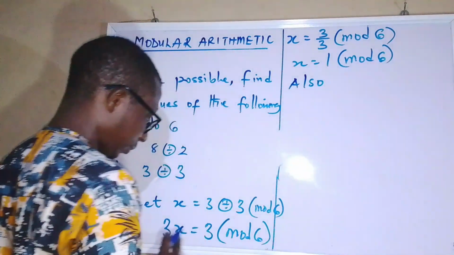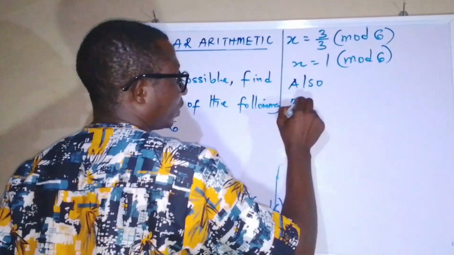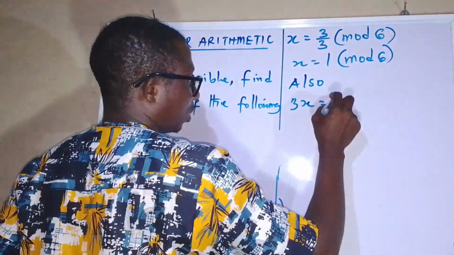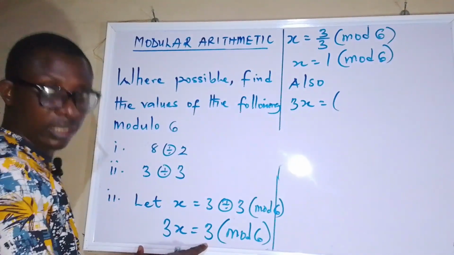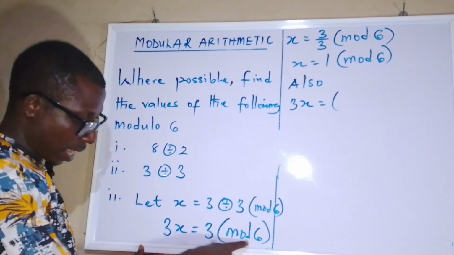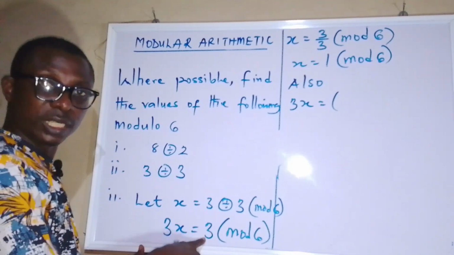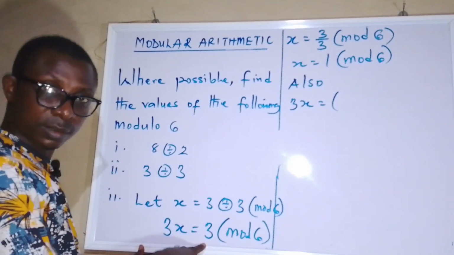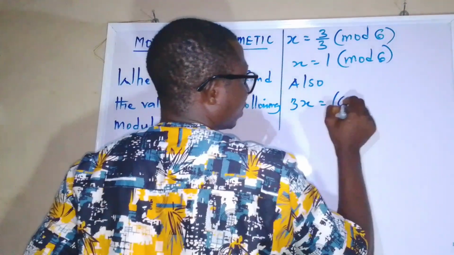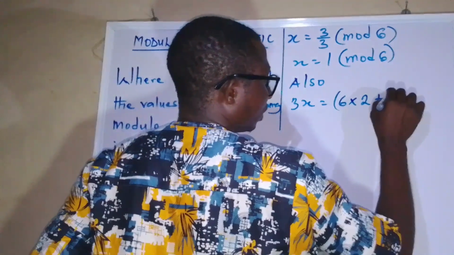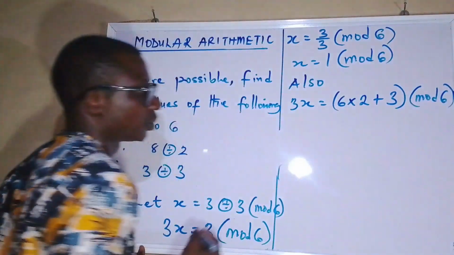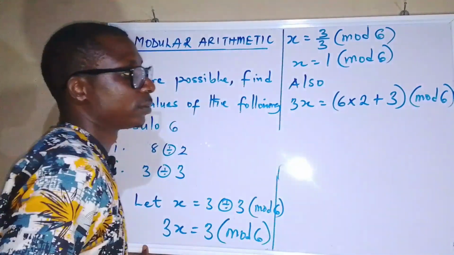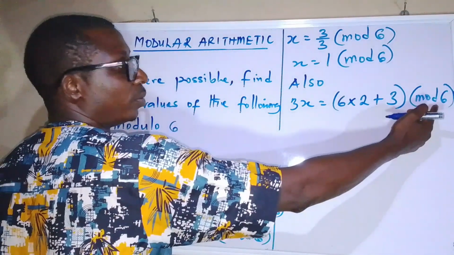So we have 3x equals, we are adding two 6s to this. Adding multiples of 6 to this 3 does not change the fact that it's still 3. So it's going to be 6 times 2 plus 3 mod 6. What we have here is still 3. We are just adding multiples of the modulo to it.